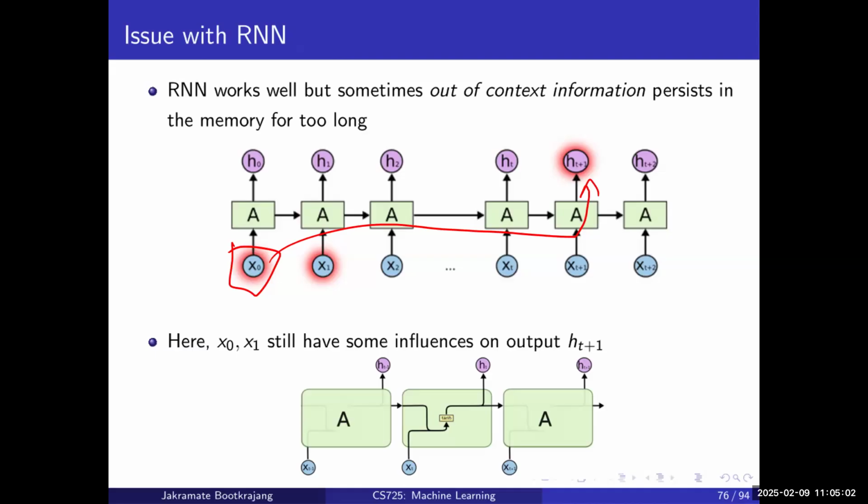So your first sentence of the paragraph can have an influence on the first sentence of the next chapter, right? If you keep training it like this. So we want to limit the information flow. We still want the information to go to each timestamp, but we don't want to keep it for too long, right? We have to have some point when the information drops off.